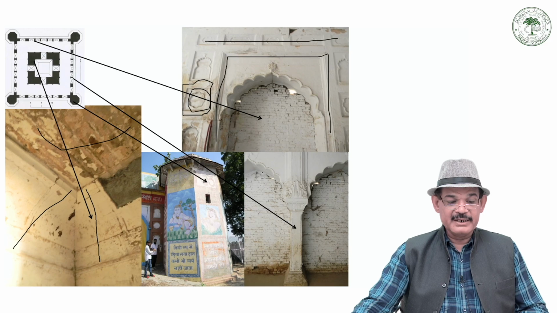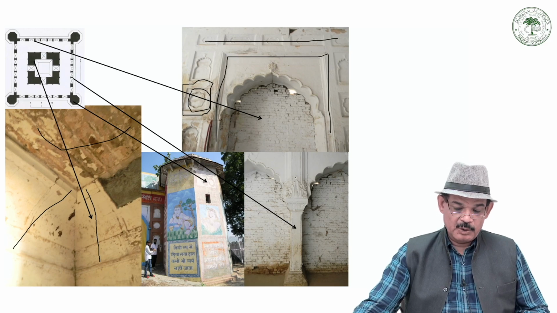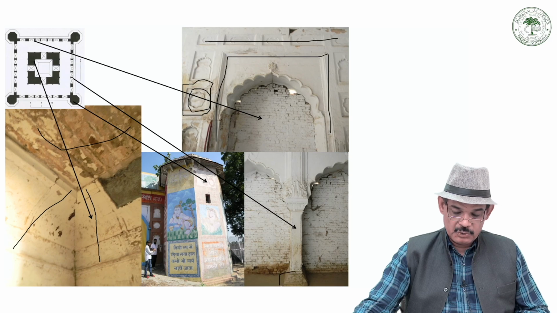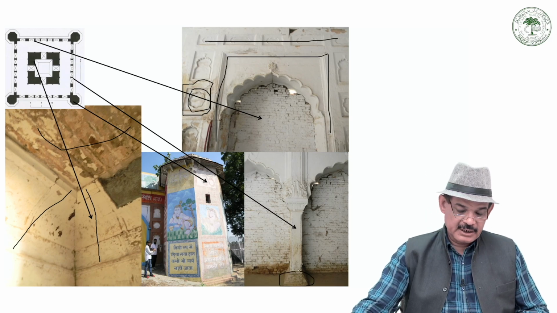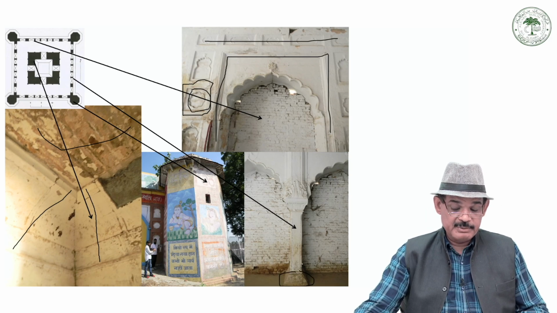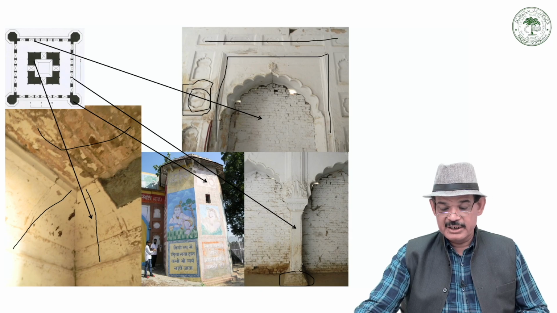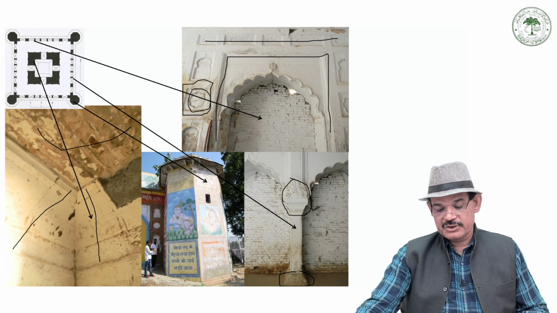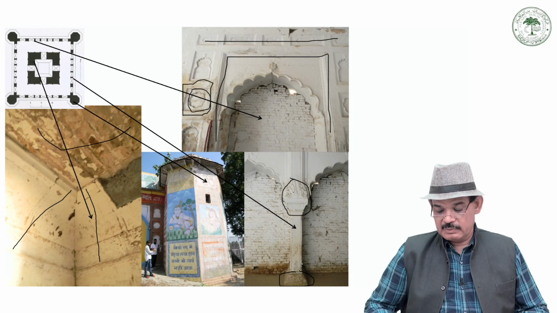So far as the pillar is concerned, the cloisters have a squarish shaft and the dome base is a poor imitation of Shahjahani architecture, and similarly the capital is also a floral capital, a poor imitation of the Shahjahani period.